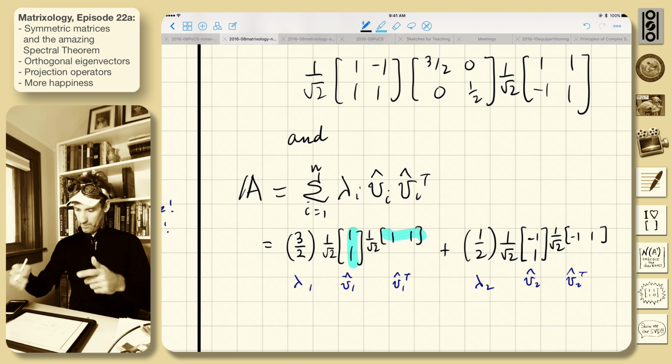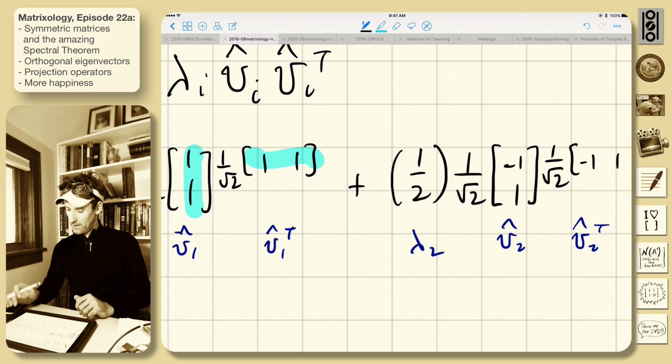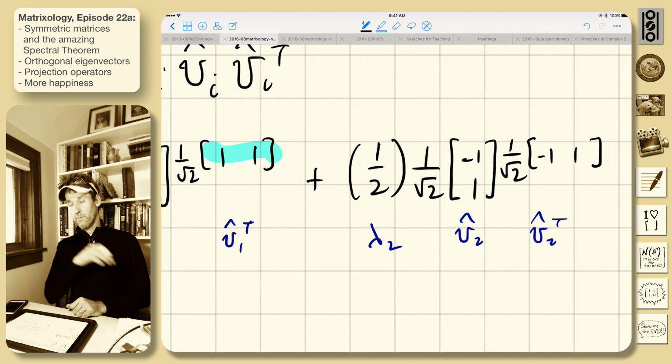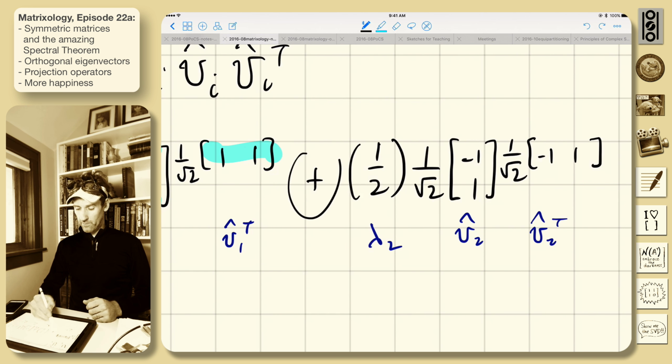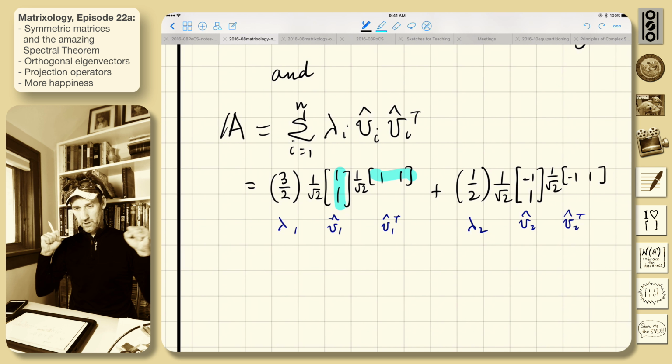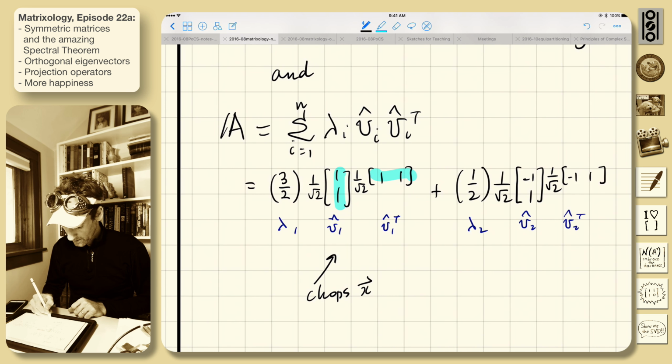Projects it. Yeah, right. Sorry. Projects it onto the minus 1, 1 direction and multiplies it by 1/2. And then we add them back together, right? So we divide X into these easy pieces.